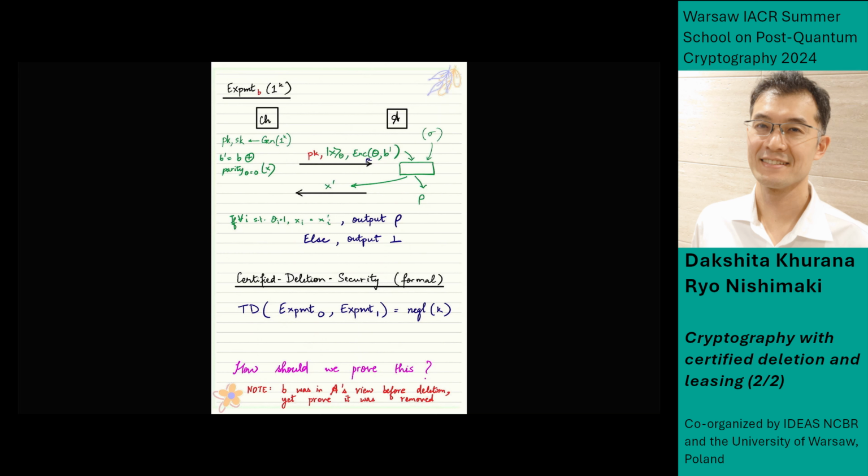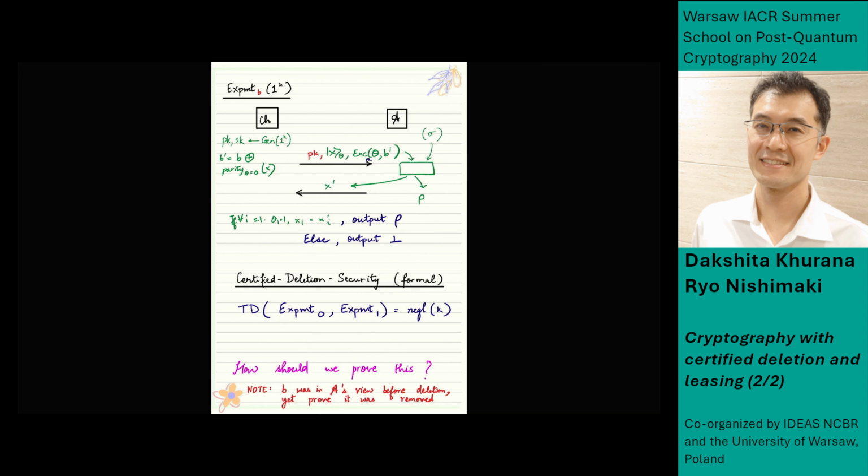We send the public key PK, and the ciphertext consists of the BB84 state and the encryption of theta and B prime. And the certificate is X prime. We check whether the certificate is valid by checking all i's bits such that the basis choice is equal to 1, the Hadamard basis. And if it is equal for those i, then we output the residual quantum state of the adversary.